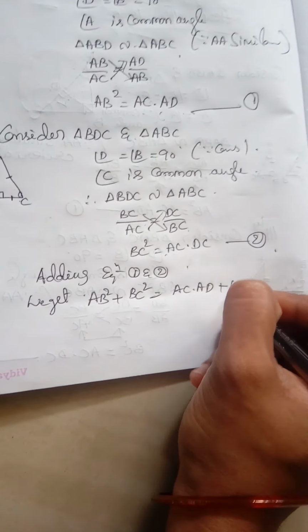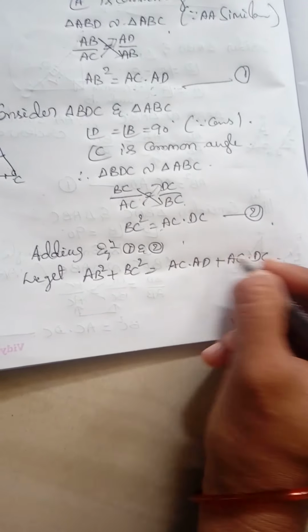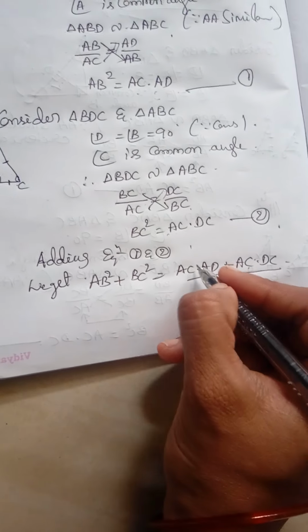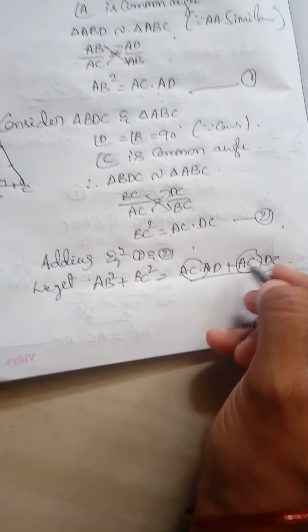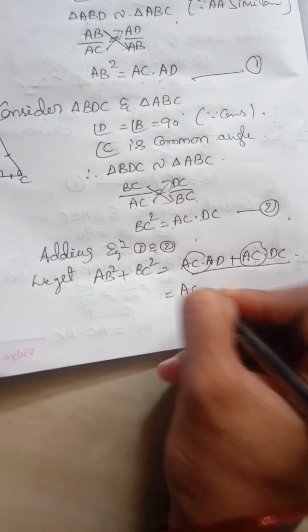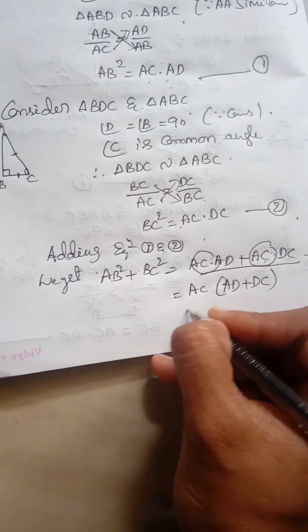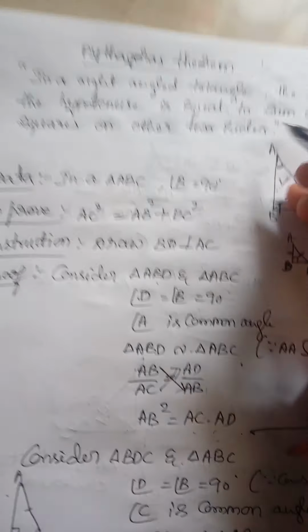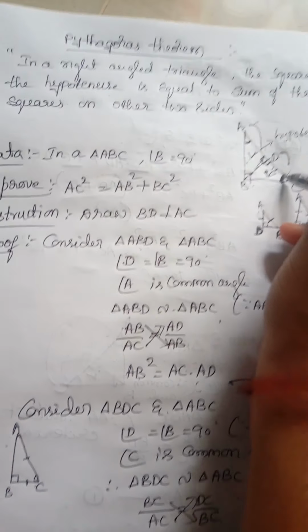This is a monomial plus a monomial. AC is common in both the terms. Therefore, taking it out, we get AC into AD plus DC. By adding AD plus DC, we get AC.